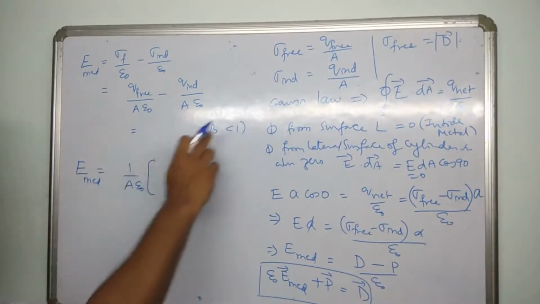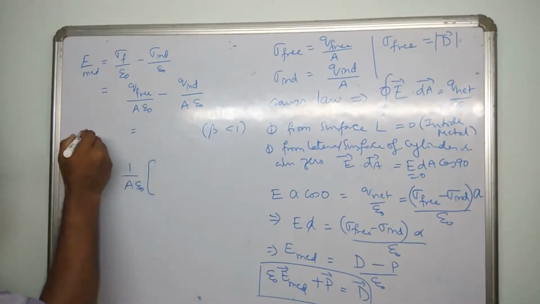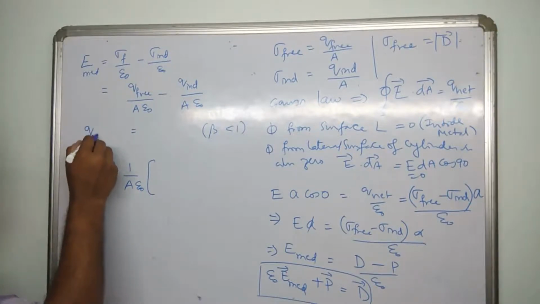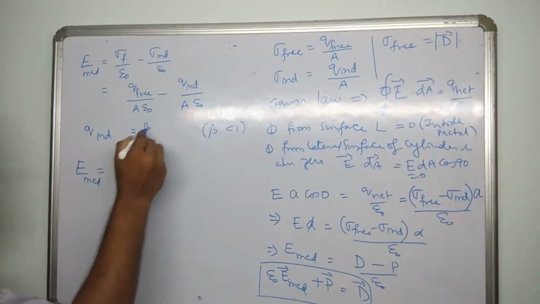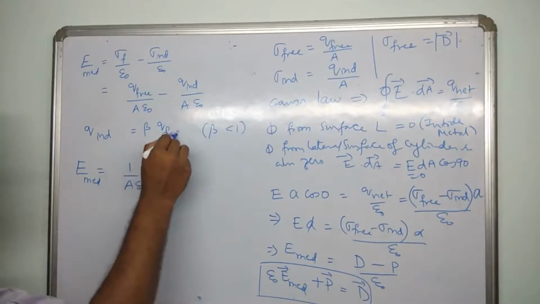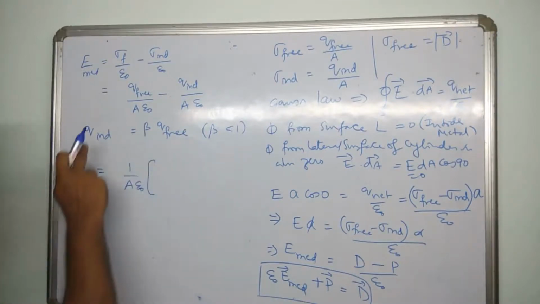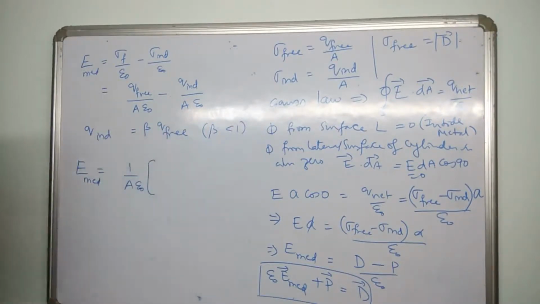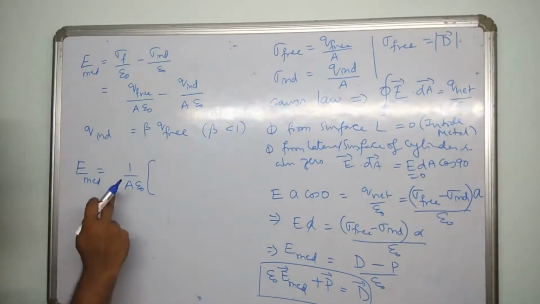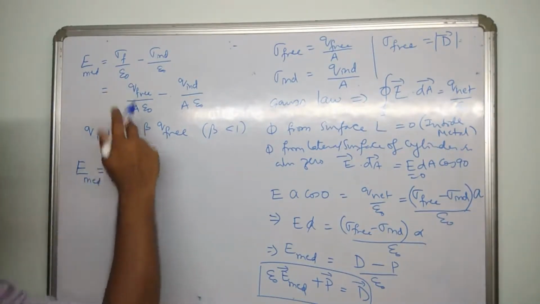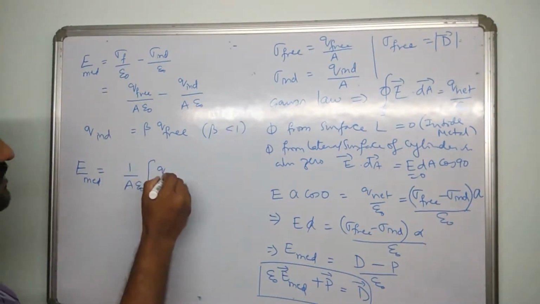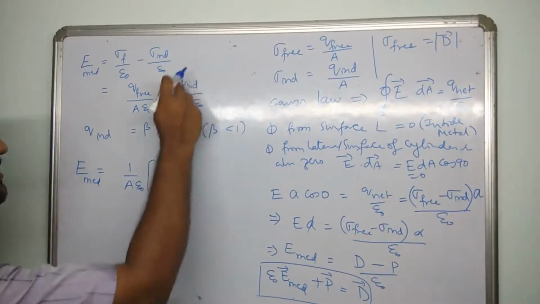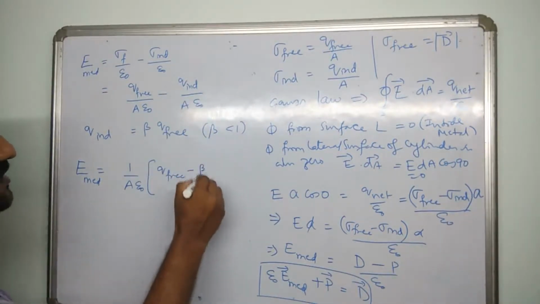A small fraction of it, so beta is less than 1. So Q induced is equal to beta times Q free. Please make a correction. Hence you can substitute it here by writing Q free minus, in place of sigma induced, beta times Q free.